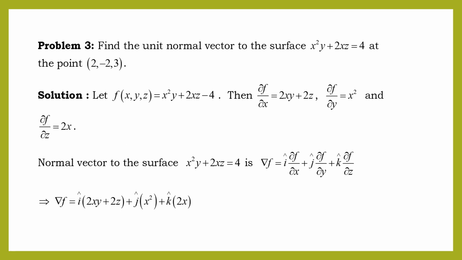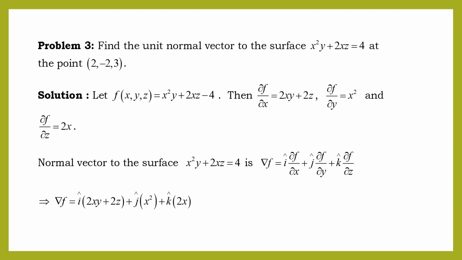Problem number 3. In this problem also, we have to find a unit normal to the given surface at the given point, like the previous problem. In this problem, the given surface is x square y plus 2xz equals 4.